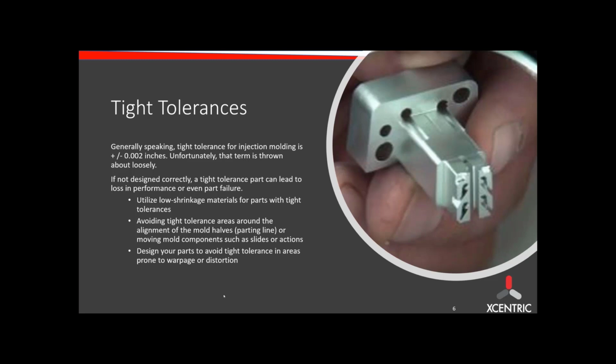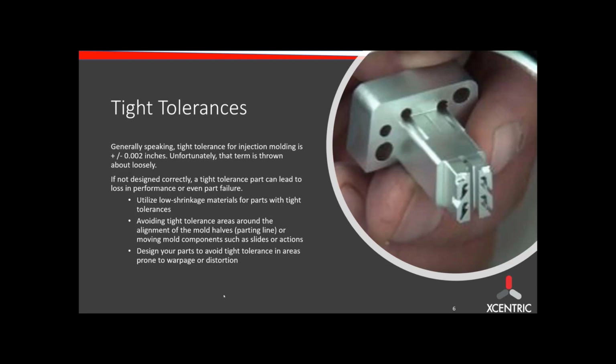So, key things to think about when you have a part that has tight tolerances: utilizing low shrinkage materials. Materials like polypropylenes, polyethylenes and nylons have high shrink rates. What that means is when you fill the mold with the plastic, as the part cools, there's a shrink factor to it.